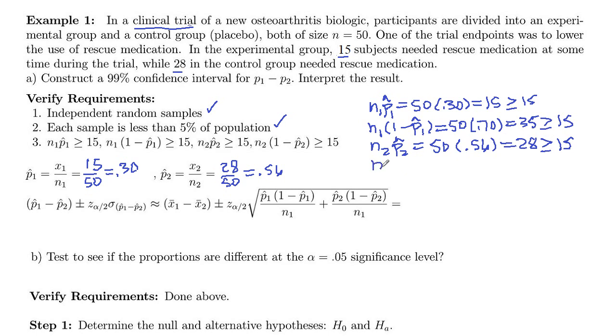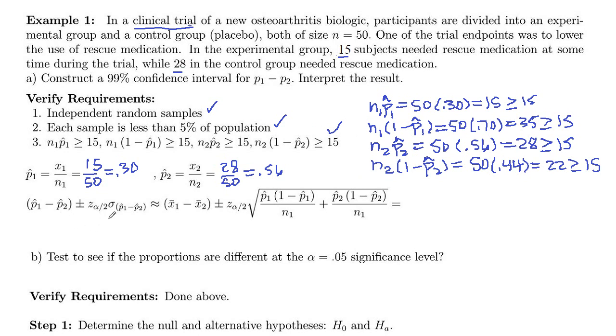And then N2 times 1 minus P2 hat will be 50 times 1 minus 0.56, which is 0.44, and that is 22, which is greater than or equal to 15. So that checks. All three requirements are satisfied.